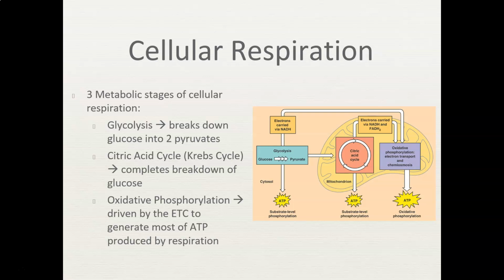So that's where we're going to really utilize those electrons and those hydrogens to create a hydrogen gradient. And we're actually going to create that gradient between that inner membrane space here and the matrix of your mitochondria, the innermost component of your mitochondria.